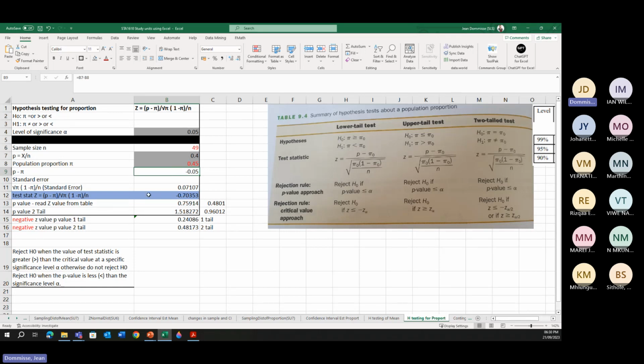Let's just check what else. Standard error, let's put that into the formula for you. It is the square root.